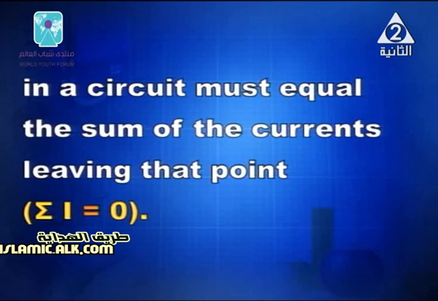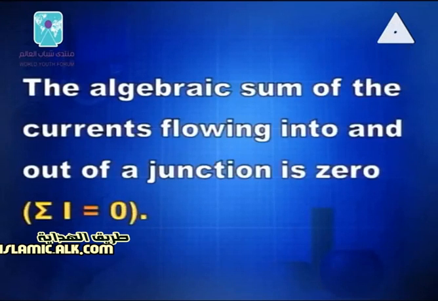The expression we usually use, summation of current equals 0. Also, we can say the algebraic sum of the currents flowing into and out of a junction is 0. Once again, summation of current equals 0.